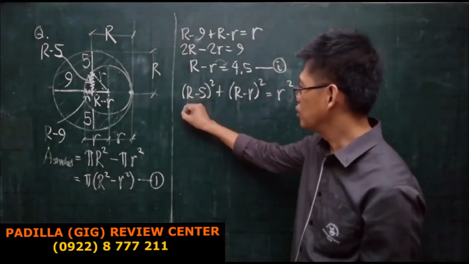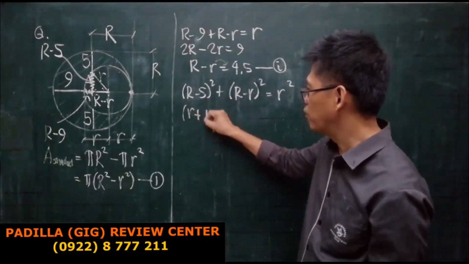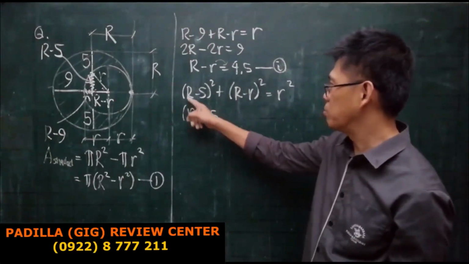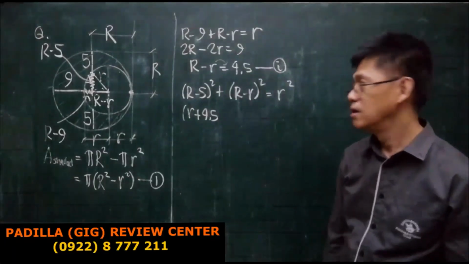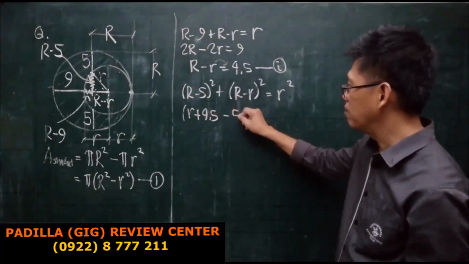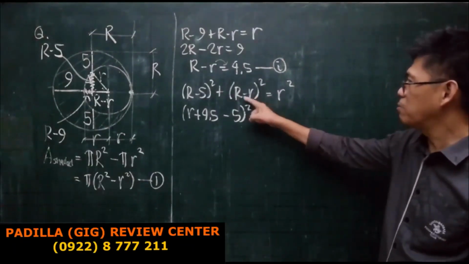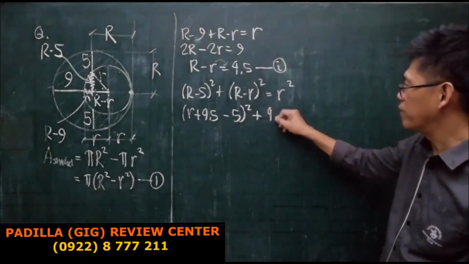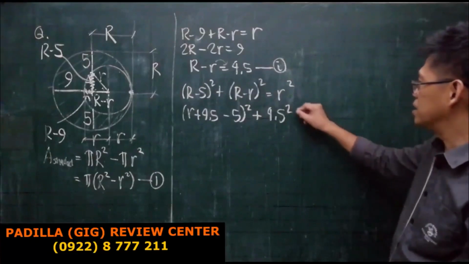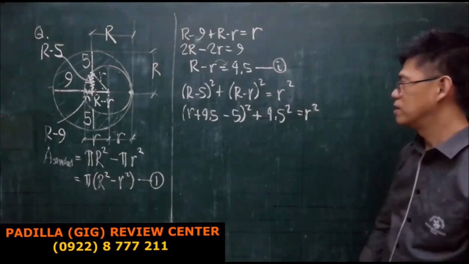So you have small r plus 4.5, that is your big R from this equation, minus 5 quantity squared, plus R minus r is 4.5, is equal to small r squared.